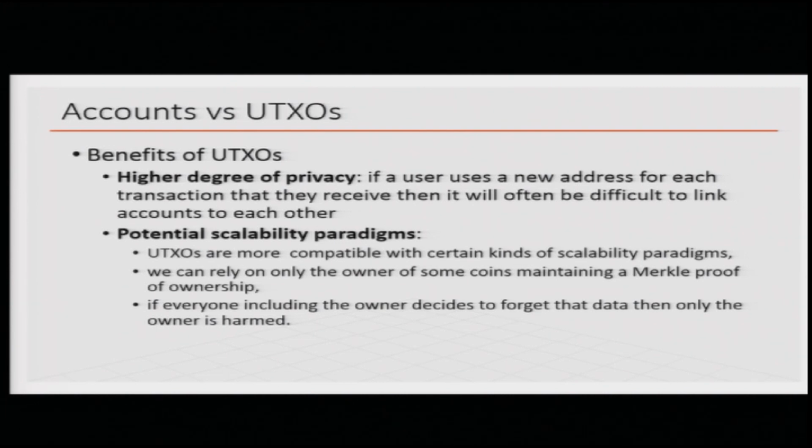proof of the ownership, which basically means that it has the signature, it has the ability to do the signature, and it also has the transaction history, the hash of the root of the transaction history, which is called the Merkle proof of ownership. And if the owner decides to forget that data, then only the owner is harmed.